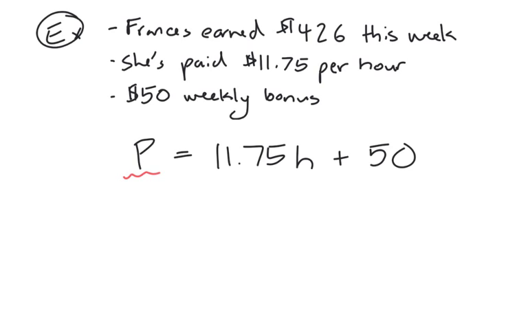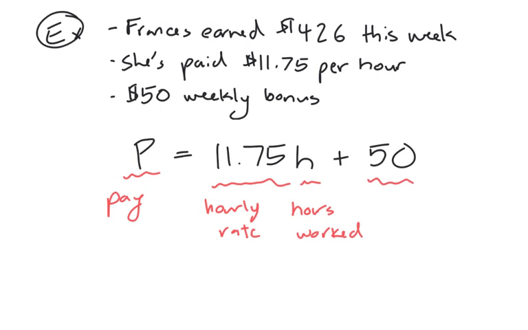The P stands for her total pay. The 11.75 is her hourly rate. The H is the hours that she actually works. And the $50 is her weekly bonus. That's where everything is coming from.